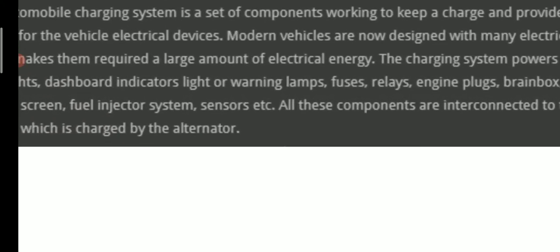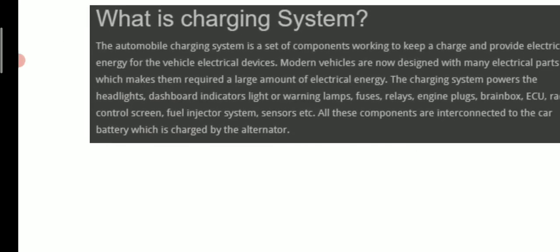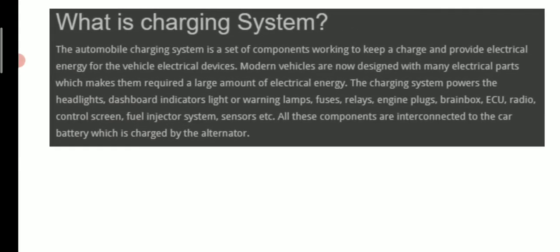What is charging? As this slide indicates, the automobile charging system is a set of components working to keep the battery charged and provide electrical energy for the vehicle's electrical devices. Modern vehicles are designed with many electrical parts, which require a large amount of electrical energy.